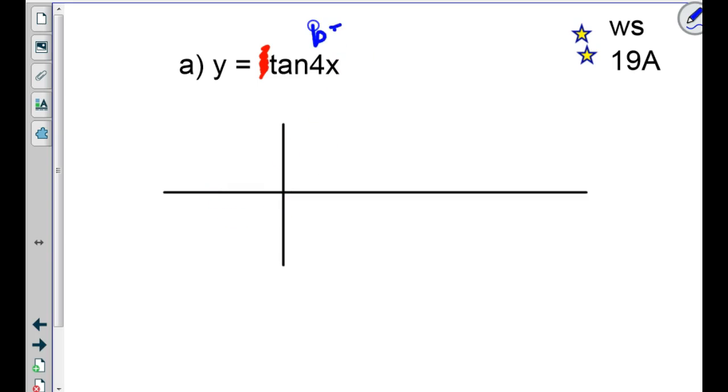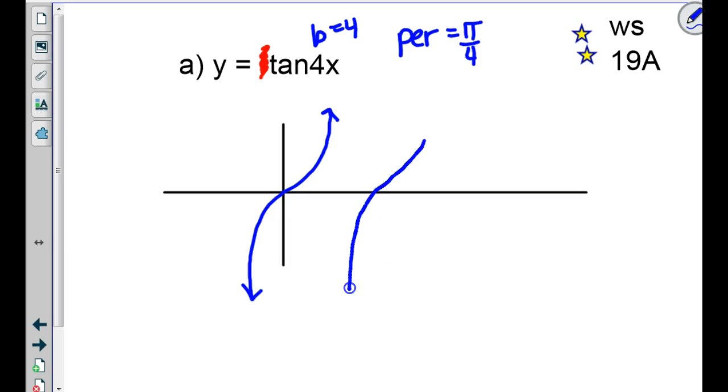Yes, so if B is 4, our period is pi over 4. So what did we just discuss? This is the shape, right? As you go to the right, it's positive. We drew a couple periods, it would be doing this. But this undefined place that used to be at pi over 2, this 4 makes it, how far on either side are we going?